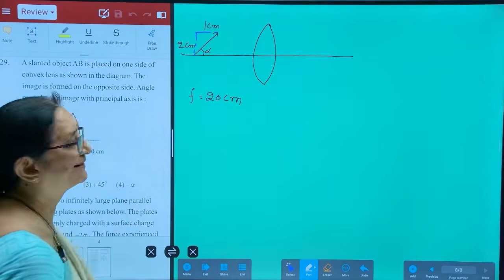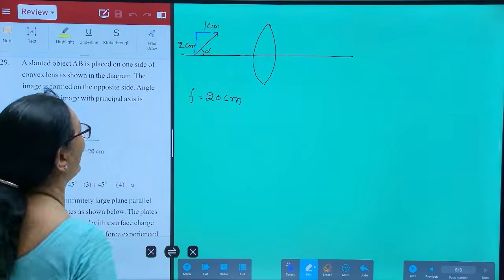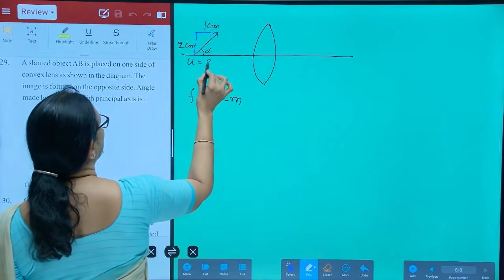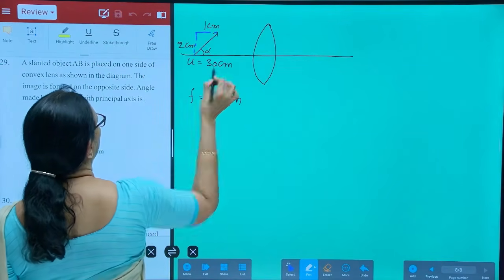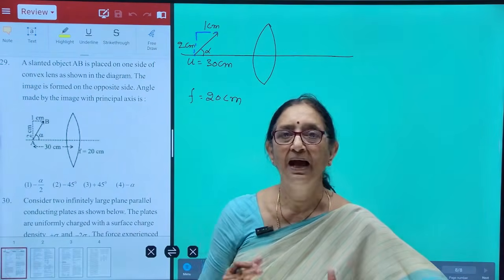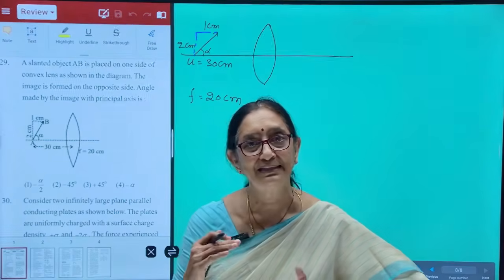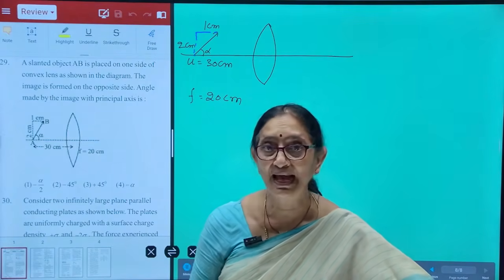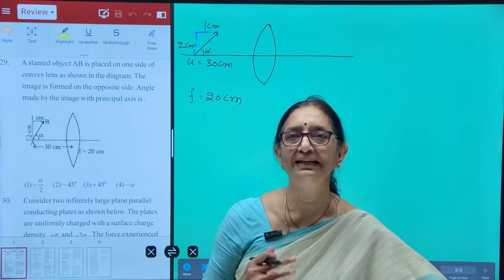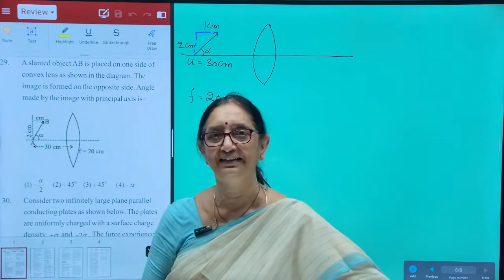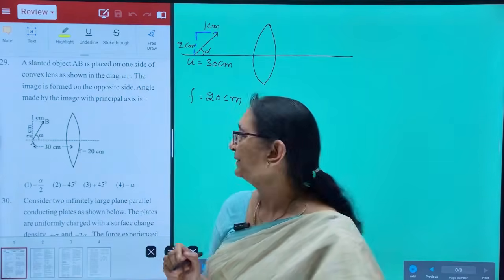The angle made by the slanted object with the principal axis is given as alpha, and the object distance is given as 30 centimeters. The question asked is the angle made by the image with the principal axis. So we have to find the angle made by the image. First we must have clarity of the problem.